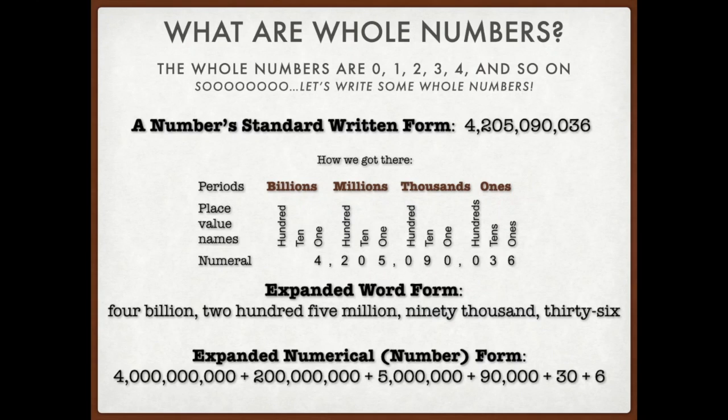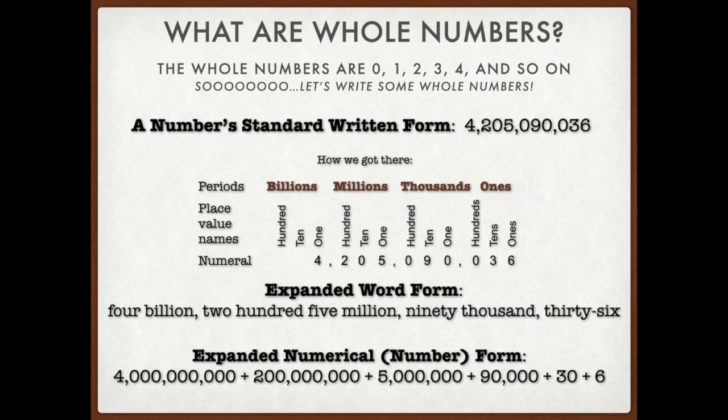and we're actually writing those words down. 4 billion, we're spelling F-O-U-R B-I-L-L-I-O-N, and so on. But then when we have an expanded form, what we're going to be doing is dealing with 4,205,090,000, 30, and then 6.